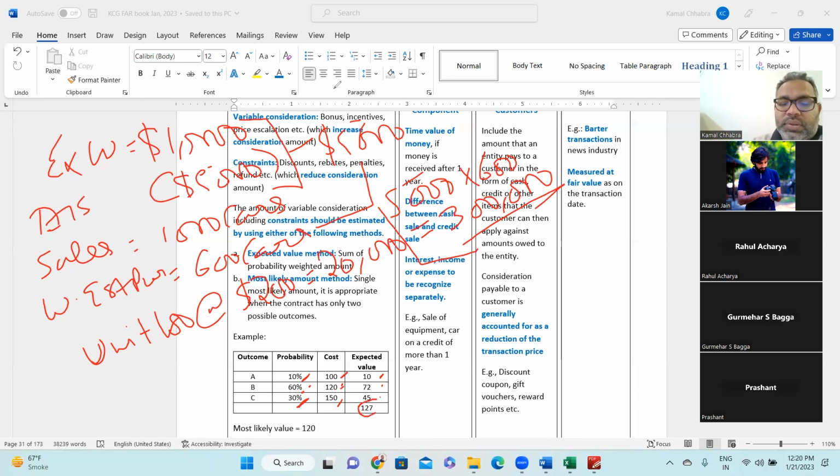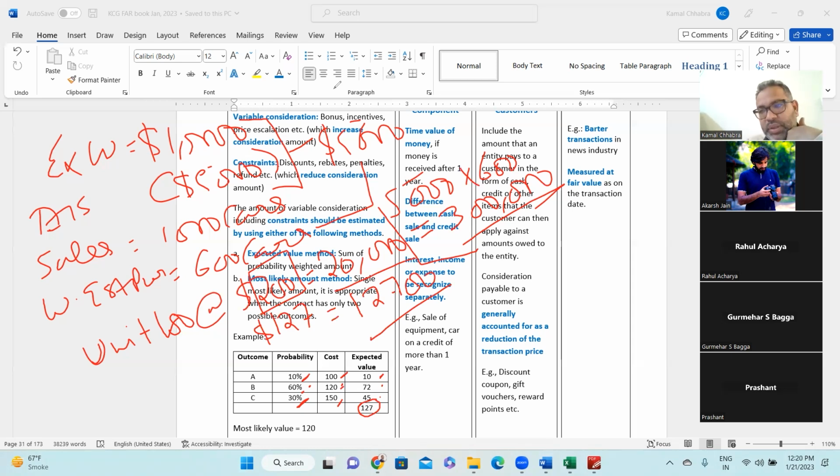If you sum up all, it is $127. So instead of $200, you will recognize $127 each. Your total revenue will be recognized as 12,700 instead of 20,000. That is called the expected value method.